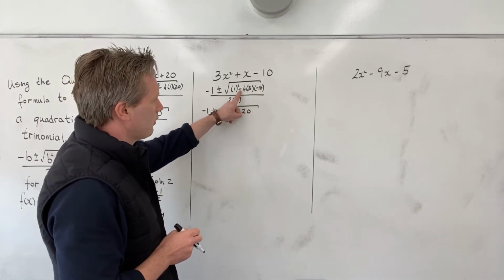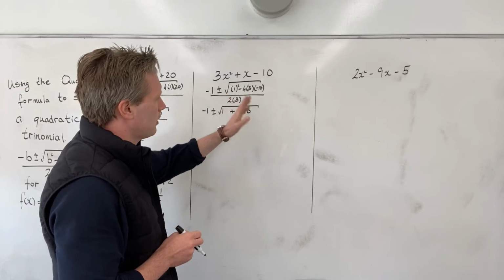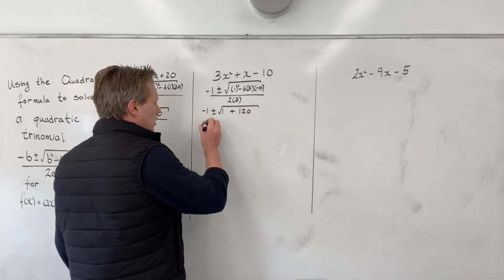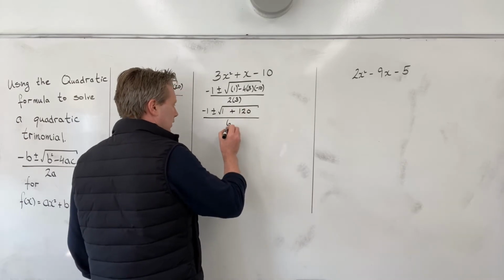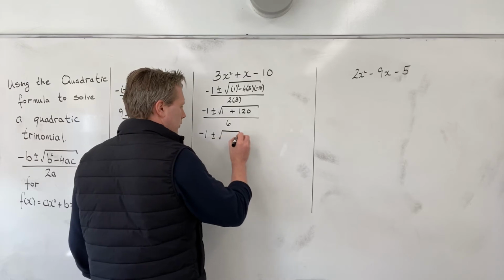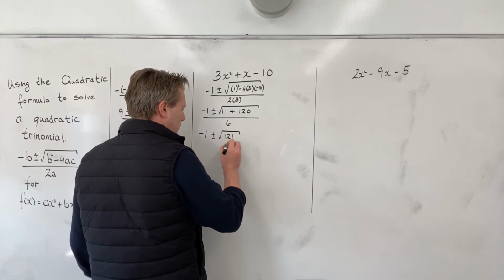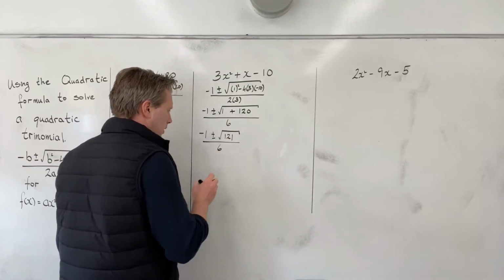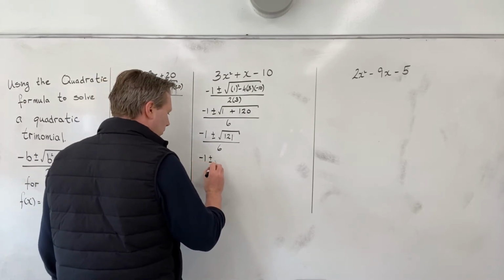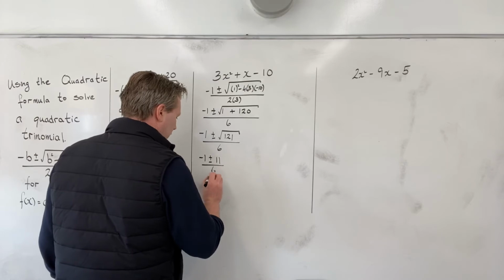I have a minus in front, so this becomes plus 120. All over 2 times 3, that's 6. And so I get minus 1 plus or minus the square root of 121 all over 6. The square root of 121 is 11. And so I've got minus 1 plus or minus 11 over 6.